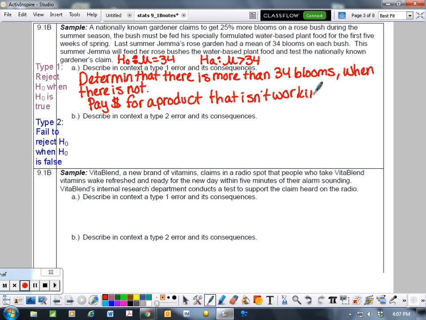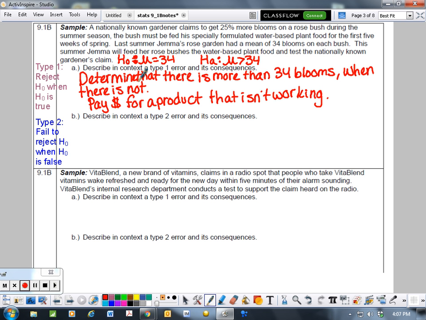So sometimes you just have to interpret what the Type 1 error is, and sometimes you have to do consequences, and sometimes you have to do both. So it's a good idea that you practice both so you really understand what that is and get practice thinking like that. So determine that there is more than 34 blooms when there is not, and then we're going to pay money for a product that isn't working.